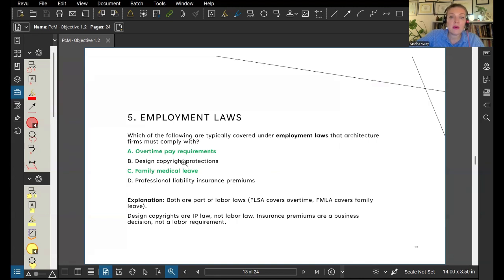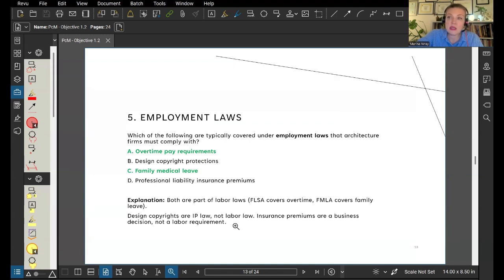So they are part of labor laws. And we know that FLSA covers overtime and FMLA covers family medical leave. So here, design copyrights are IP law, not labor law. Please remember that. And insurance premiums are a business decision, not a labor requirement.